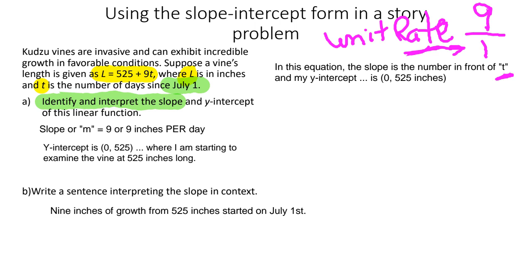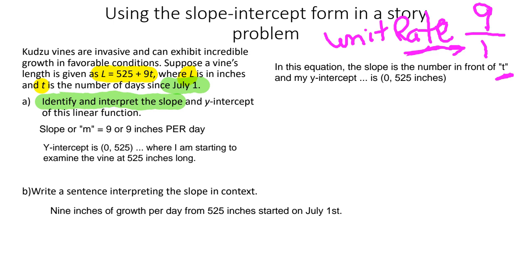It's 9 inches of growth per day from 525 inches long, started on, in this case, July 1st.